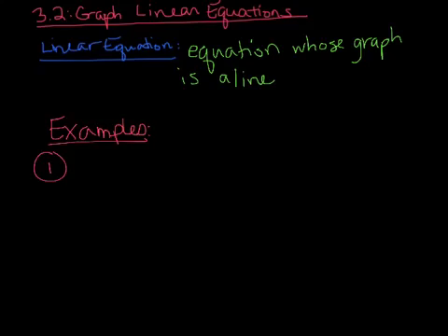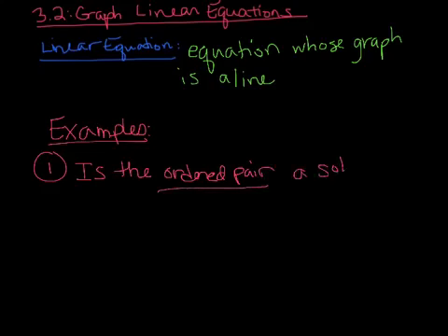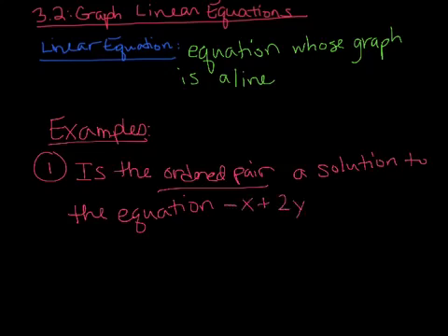So I'm going to ask you, is the point, or is the ordered pair, a solution to the equation negative x plus 2y equals 8? And you're going to answer yes or no.